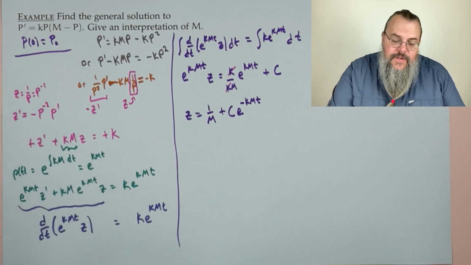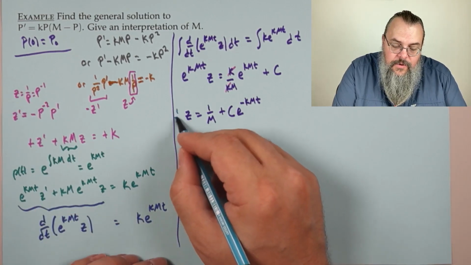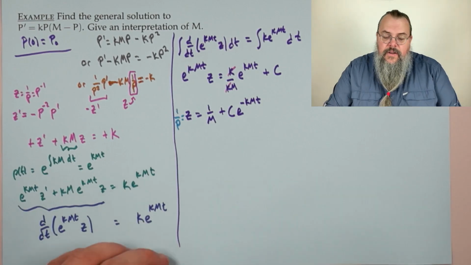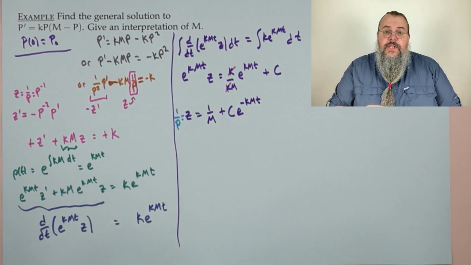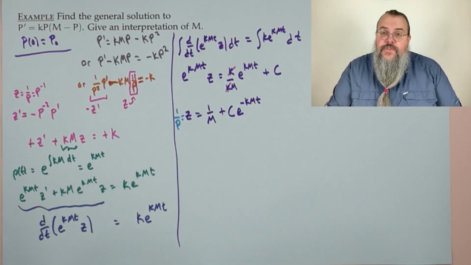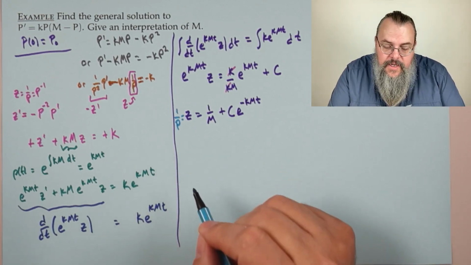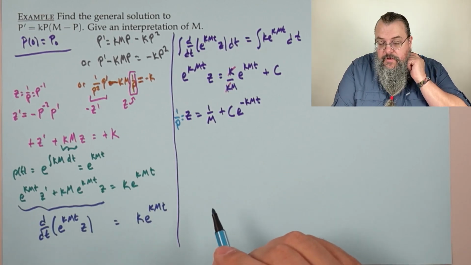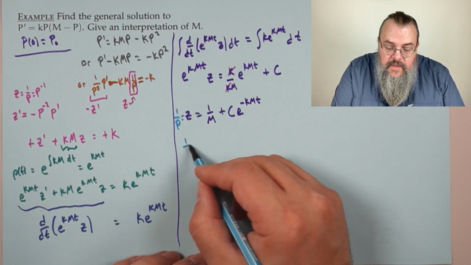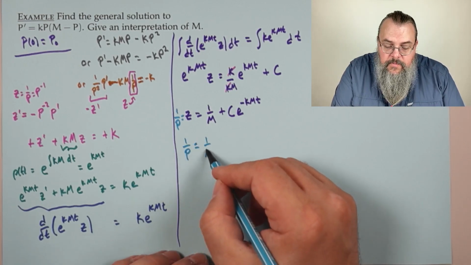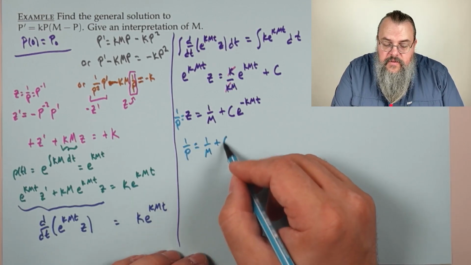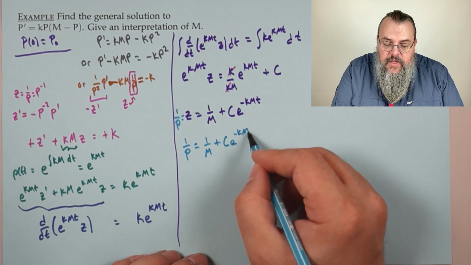Okay, we're pretty much in the home stretch. So what do we have? We have 1 over p is 1 over m plus c e to the minus kmt.